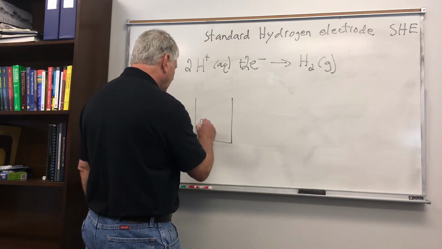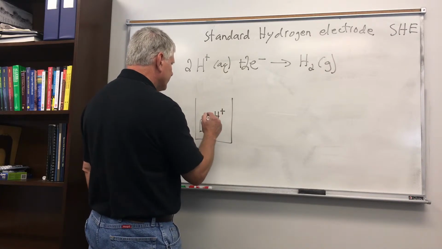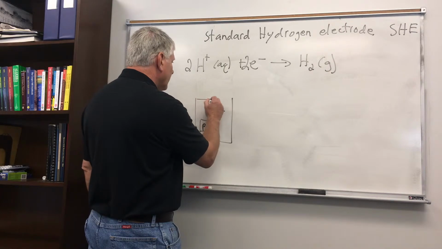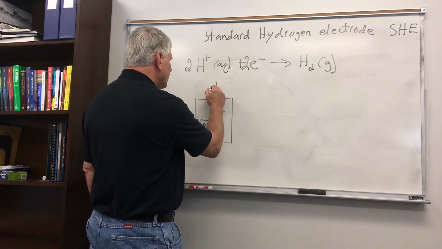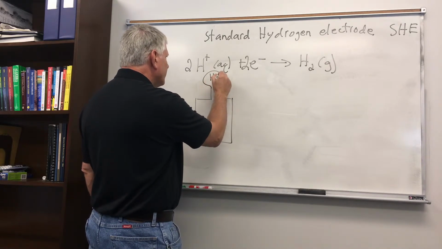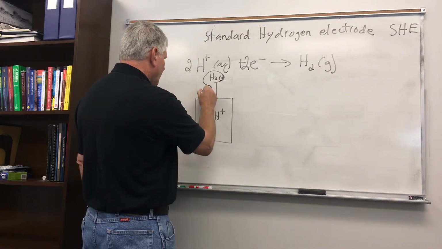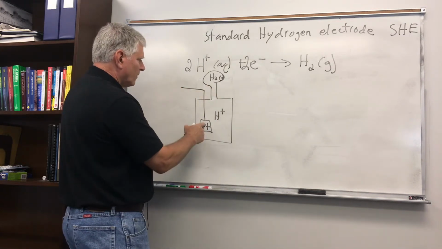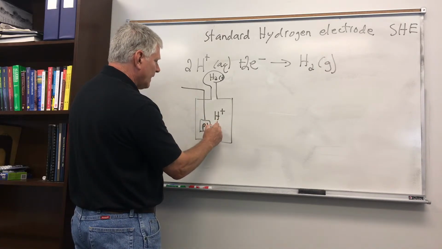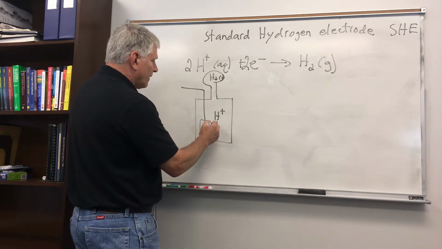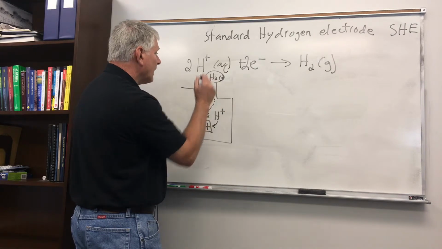So we have our platinum electrode, and we're going to have H plus in solution, and we'll have H2 in the gas phase, and our wire connected to the electrode, and so H plus can gain an electron on the platinum electrode, and then H2 will bubble out of the solution.